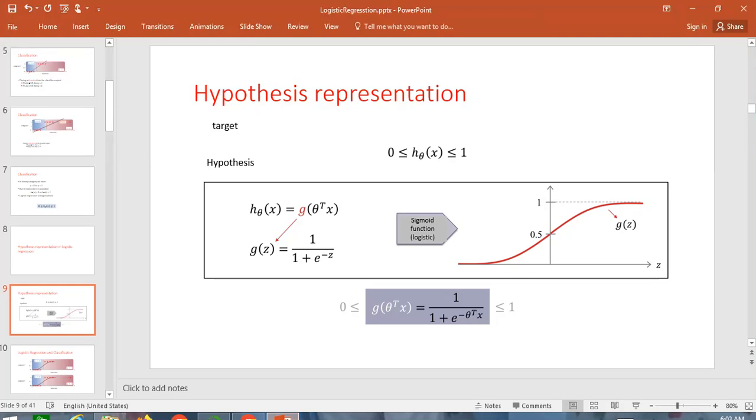Another name of this function is the sigmoid function. The word sigmoid means similar to S. You can see that the figure of this function is drawn like S. Then we use this function. We want to use a sigmoid function that passes through this data as much as possible.